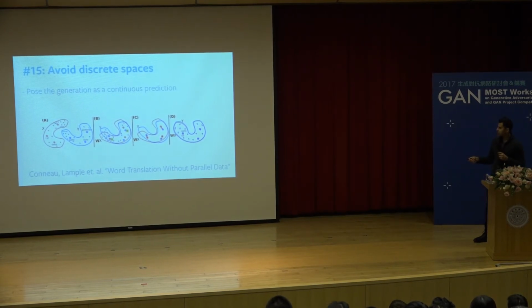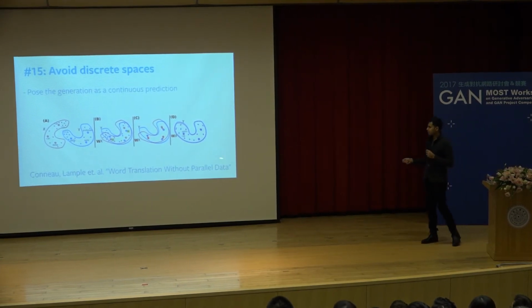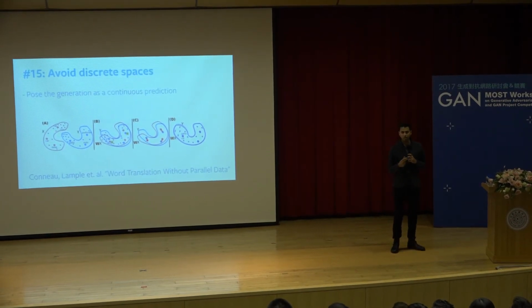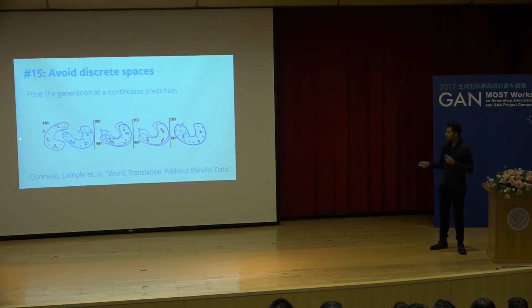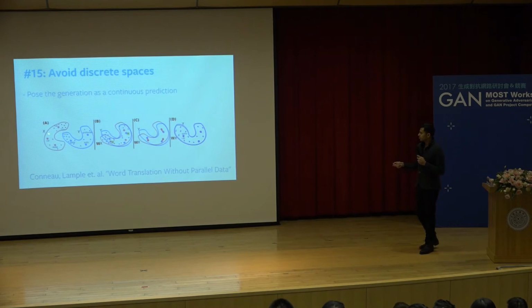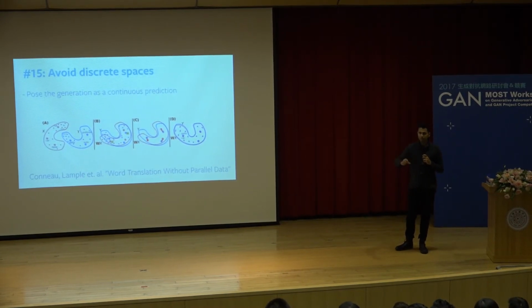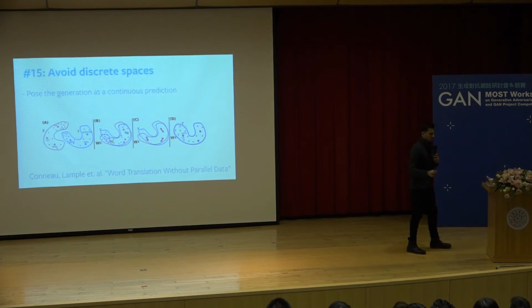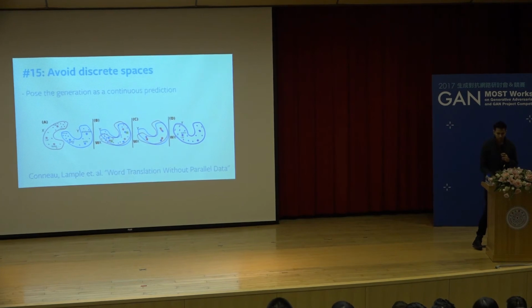As an example, some of my coworkers have published using GANs for doing unsupervised translation for text, and they got it to work because they posed the problem as you predict a rotation matrix from one space to another, and generating this rotation matrix is fairly smooth, like space. It's not a discrete choice to make, and that worked.